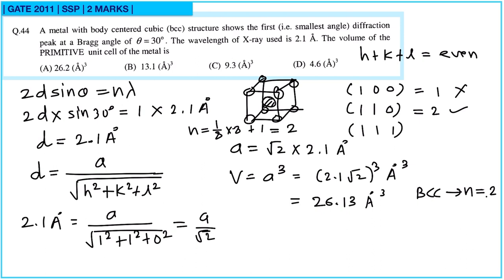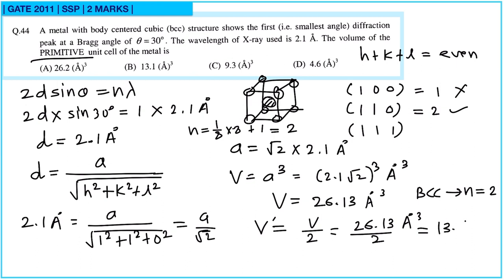So the effective number of atoms in the BCC structure will be 2 per basis. So this volume is for n equal to 2, and we want to find the primitive volume. So for that we have to divide this by 2. So this will be V by 2, that is 26.13 angstrom cube by 2. So this is 13.09. So roughly we can say it is 13.1 angstrom cube. So this will be the answer.